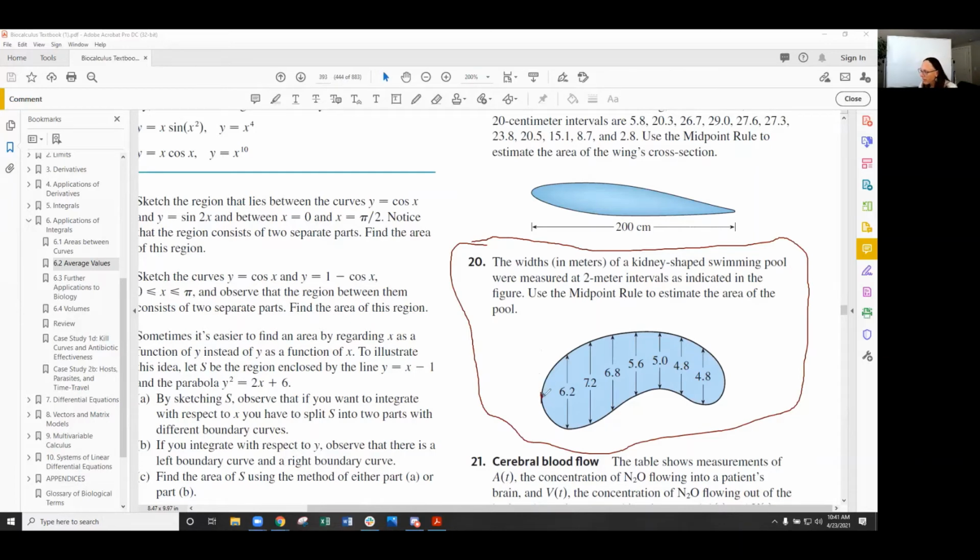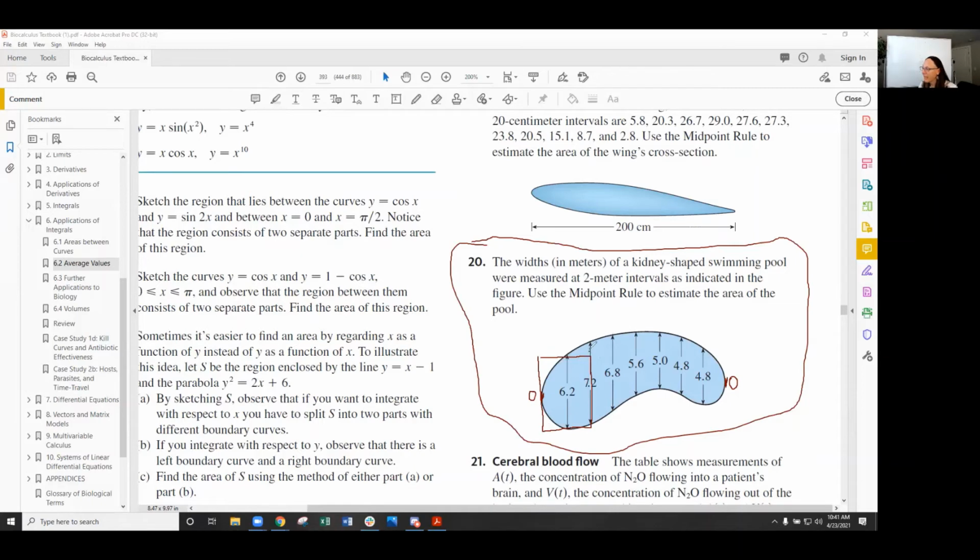So I'm going to draw in a value of 0 on both sides that wasn't included for us. That's going to make 6.2 the midpoint of this interval to draw a rectangle around.